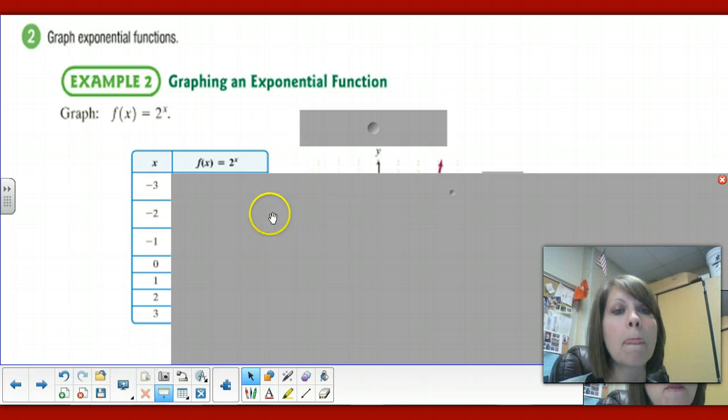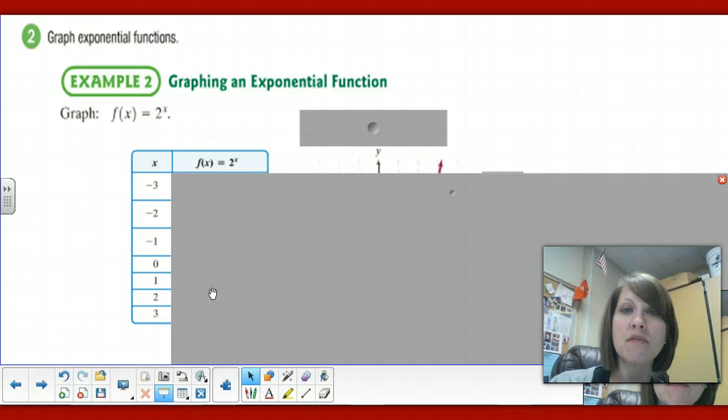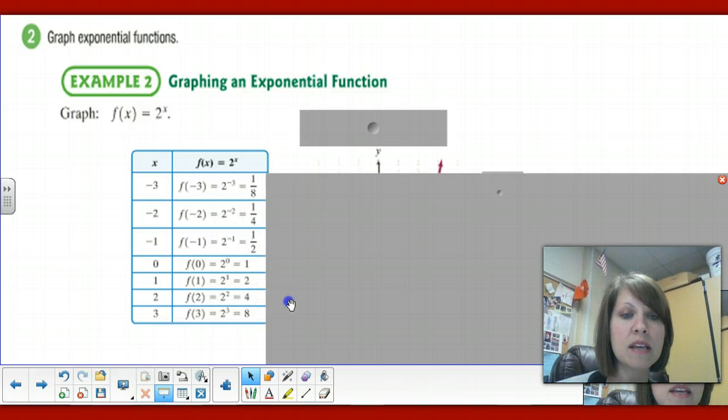Okay, so filling out our table, when you look at this, I would recommend looking at it from the +3 up to the -3. If x is +3, then y is 8. So the point (3, 8) will show up, and (2, 4), and (1, 2), and (0, 1), and (-1, 1/2), and (-2, 1/4), and (-3, 1/8).